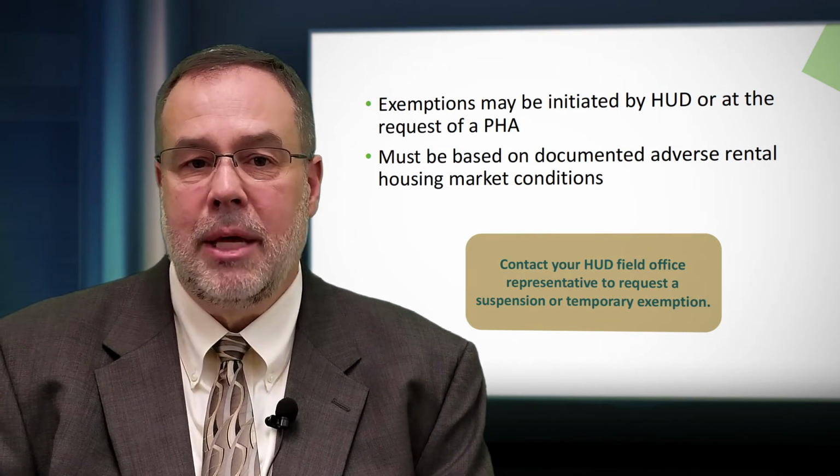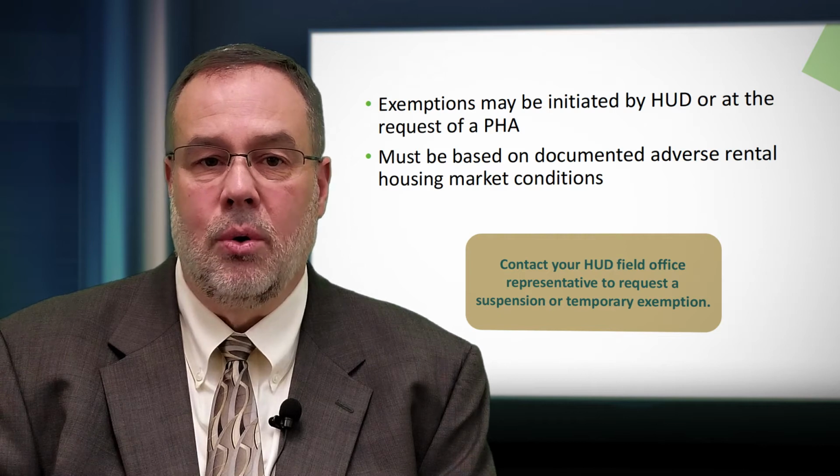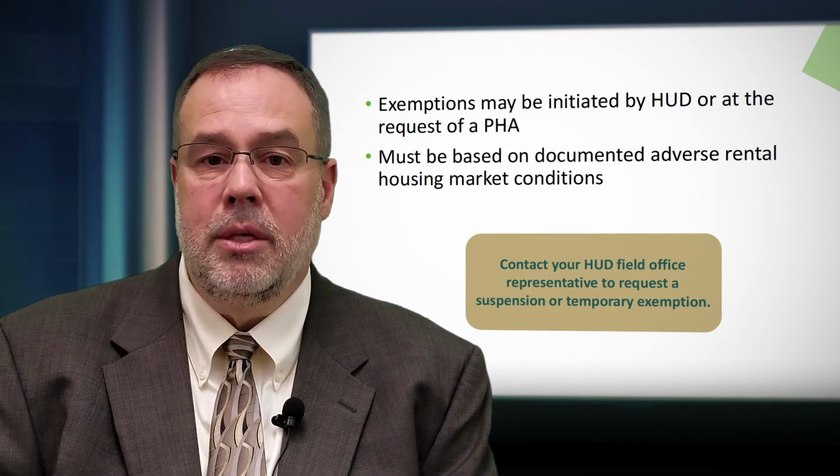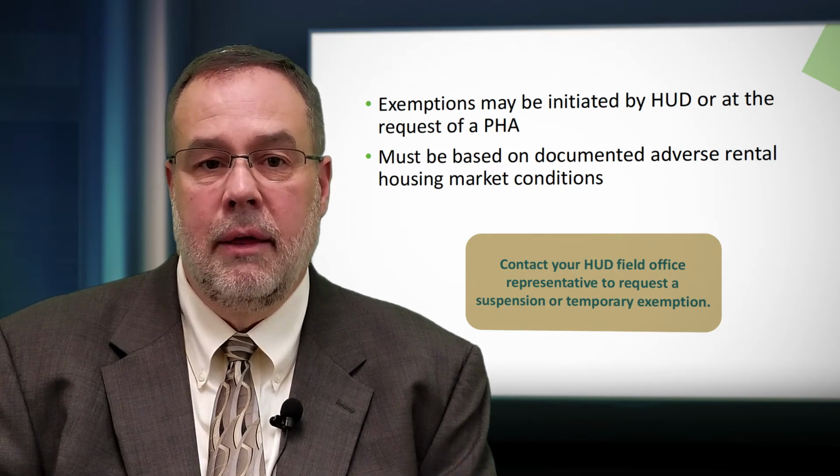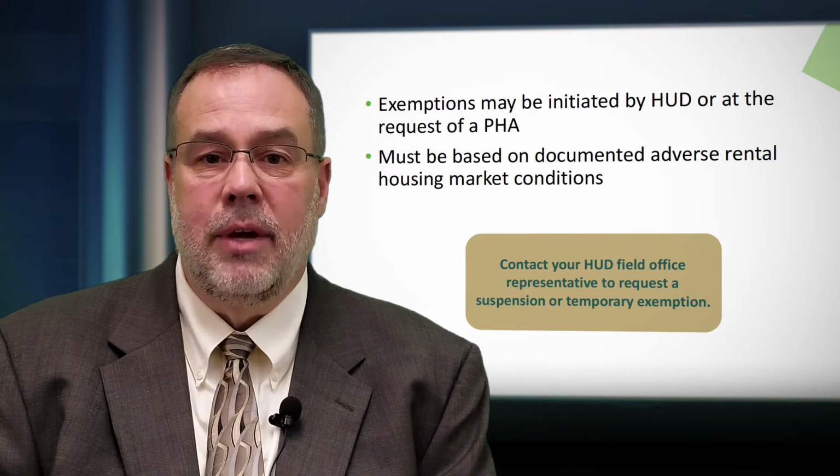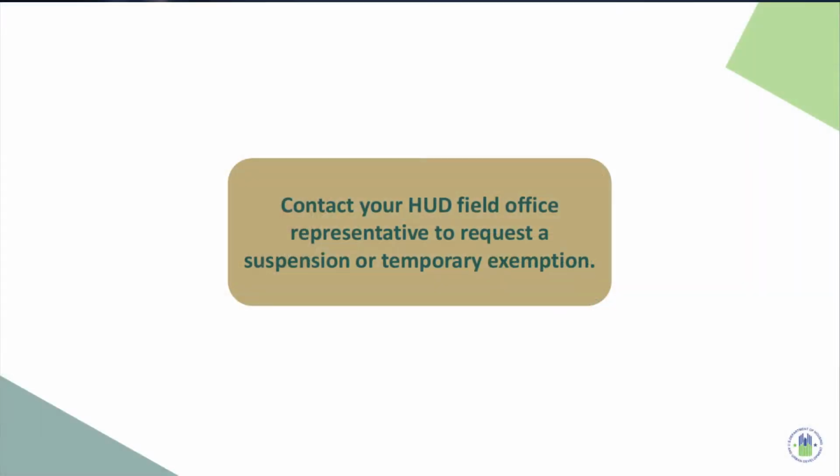These conditions may apply to the rental housing market as a whole, or they may be unique to a segment of the rental market that is affordable and available to families with vouchers. PHAs considering a request for a suspension or temporary exemption should contact their HUD field office representatives.